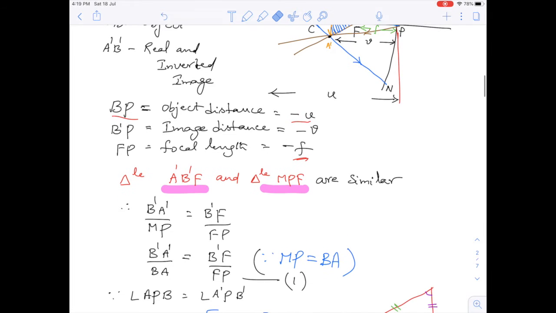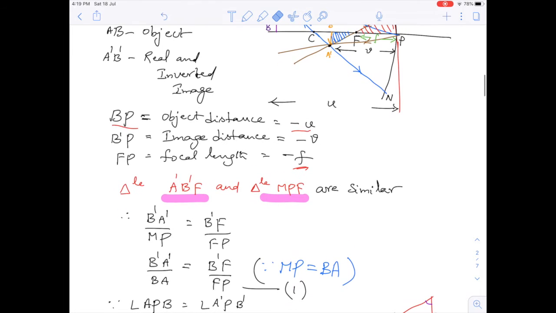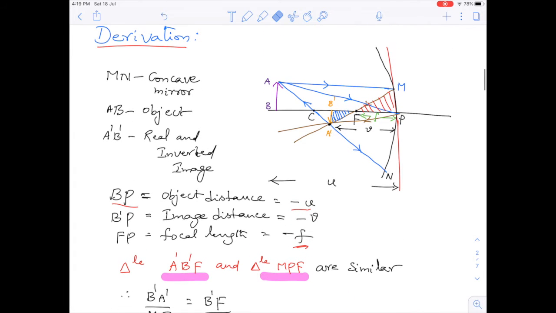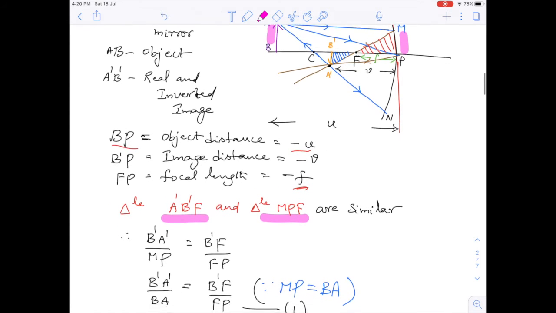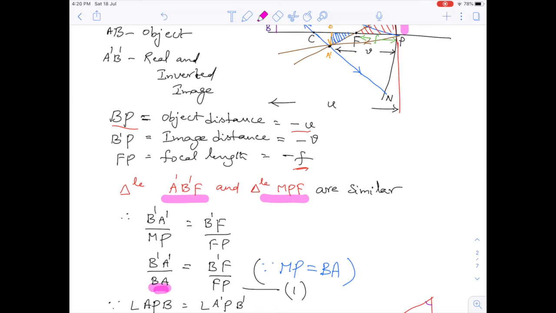Then B dash A dash by MP: look at this, MP is the same as BA. Therefore, you can replace MP with BA. So I replaced it with BA. Therefore, B dash A dash by BA is equal to B dash F by FP.